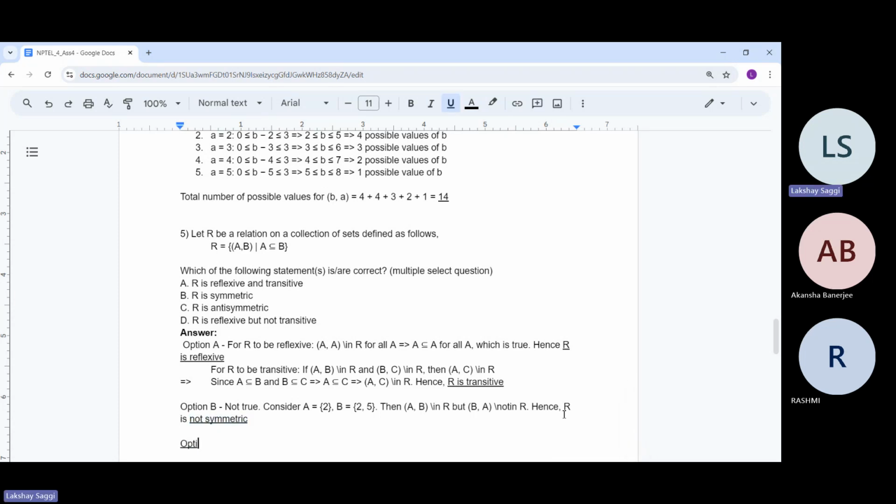Then comes option C. Option C asks us about antisymmetry. I hope everyone knows what antisymmetric means.